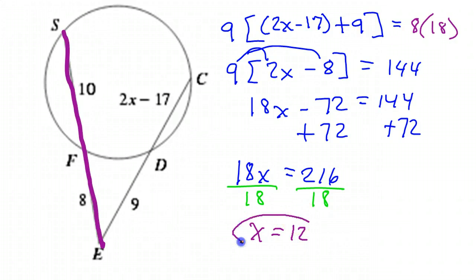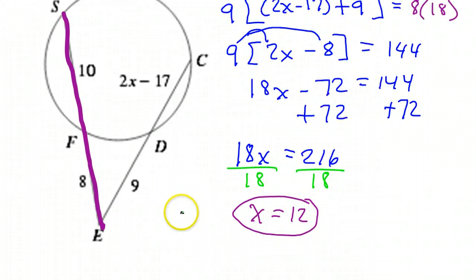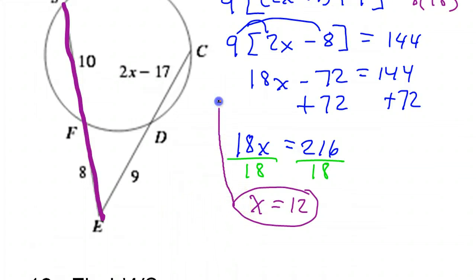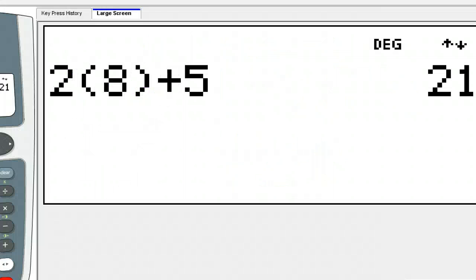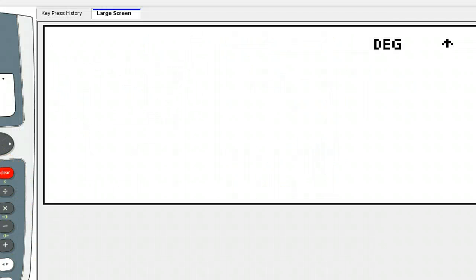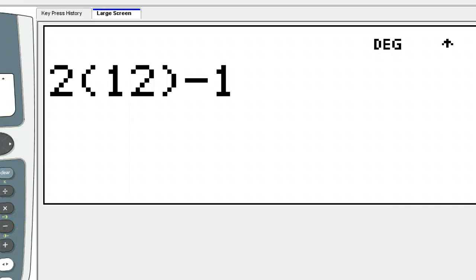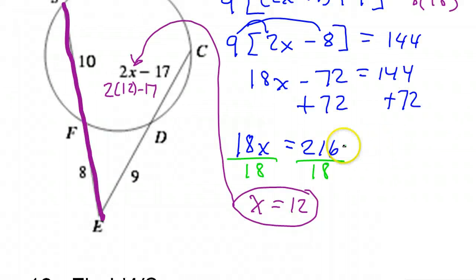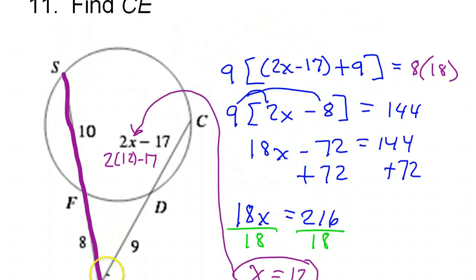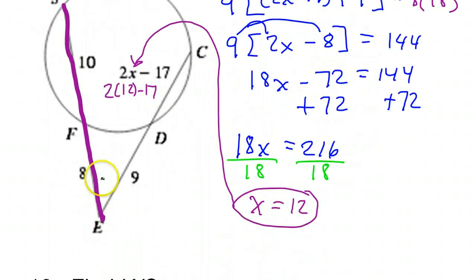So x is equal to 12, but this is not your final answer. I need to take this 12 and plug it in. So I'm talking about 2 times 12 minus 17. That is 7. But that's still not the answer. We are supposed to find CE.